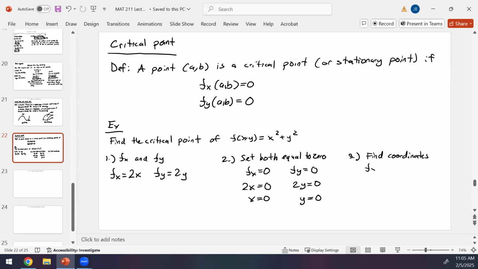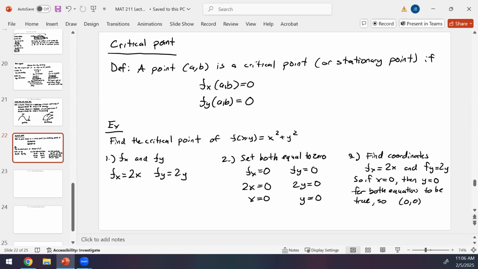So note that fx is equal to 2x and fy is equal to 2y. So if x is equal to 0, then y has to be equal to 0 for both equations to be true. So we get 0, 0.